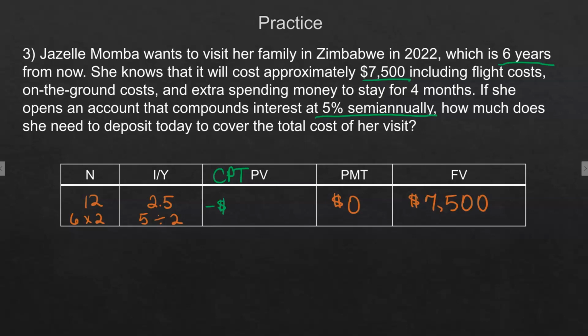So the present value amount that would need to be on deposit would be $5,576.75. And then in that 6 years time, it would grow to $7,500.